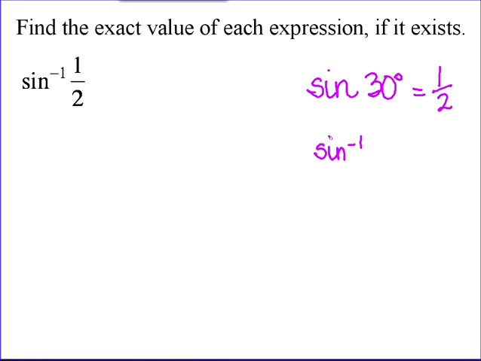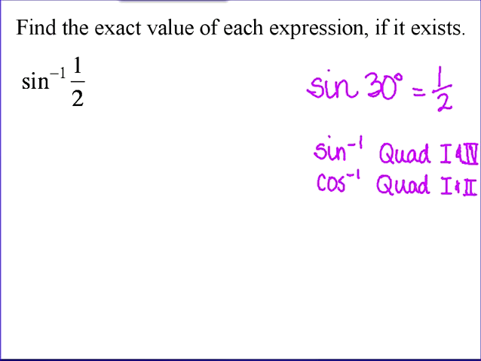Inverse sine. You are in quadrants 1 and 4. Inverse cosine. You are in quadrants 1 and 2. Inverse tangent. You are in quadrants 1 and 4.